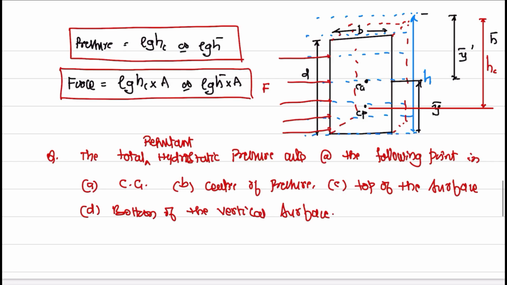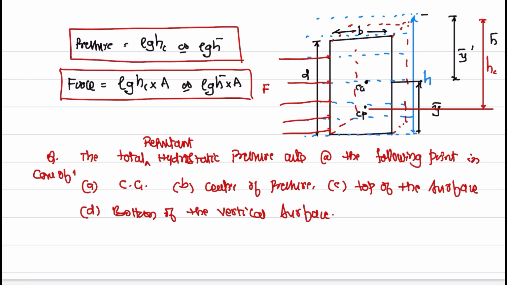This is in case of vertical surfaces. The answer is clearly center of pressure. The resultant pressure acts on the center of pressure due to the hydrostatic force F acting on the vertical surface. The action of the total pressure is through the center of pressure.